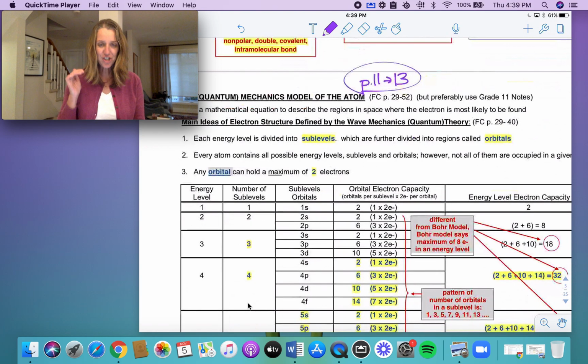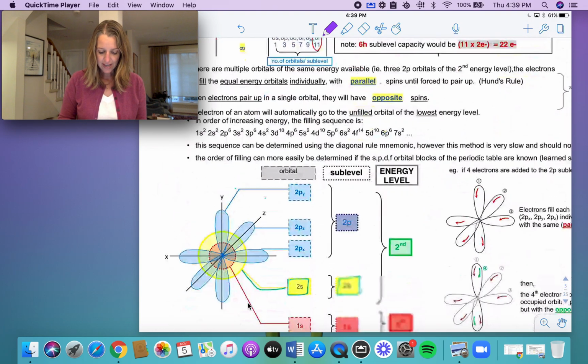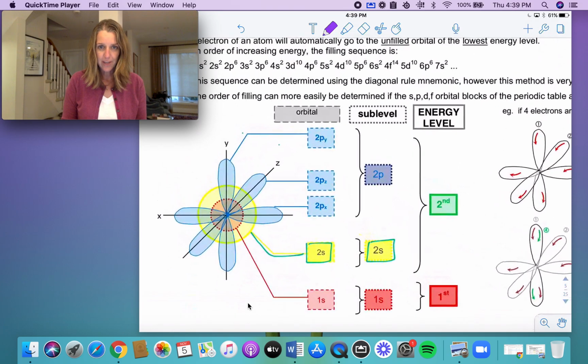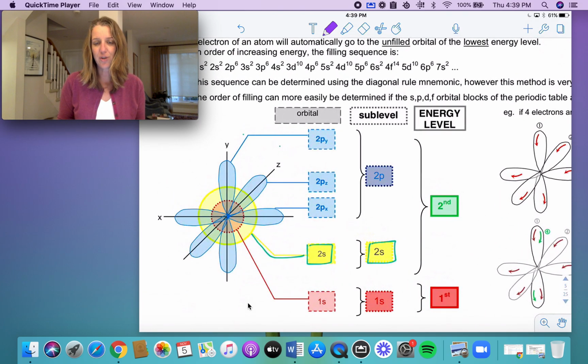All right, remember each level is divided into further sublevels, and each sublevel is divided into a region called an orbital. Can I show you on the diagram at the very bottom of the page what that looks like? Okay, so here we go. If this were your orbitals and your regions, you can see you've got a 1s orbital, a 2s orbital, okay? Those are orbitals.